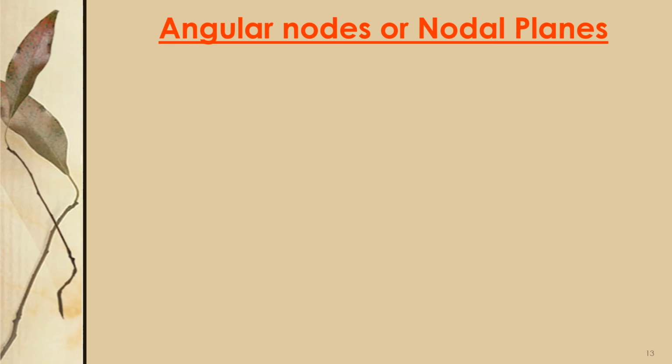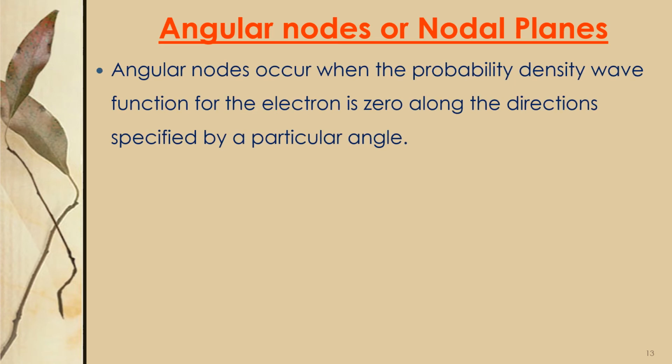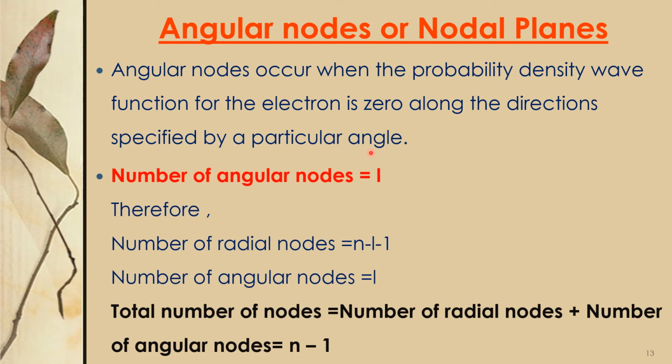Now about the angular nodes. Angular nodes occur when the probability density wave function for the electron is zero along the directions specified by a particular angle. This is important. That is, it's a plane, the xy plane, yz plane, or zx plane. The number of angular nodes equals L. Therefore, we already know the number of radial nodes and the number of angular nodes.